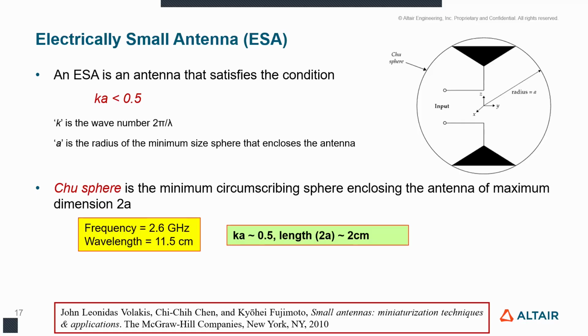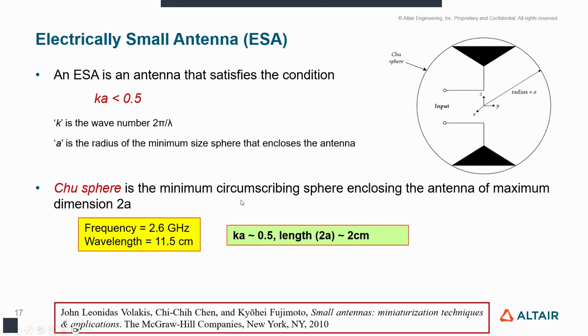This is from Dr. John Volakis, where k is the wave number and a is the radius of the minimum sphere that encloses the antenna. So we need an electrically small antenna that can fit within the handheld electronic device.